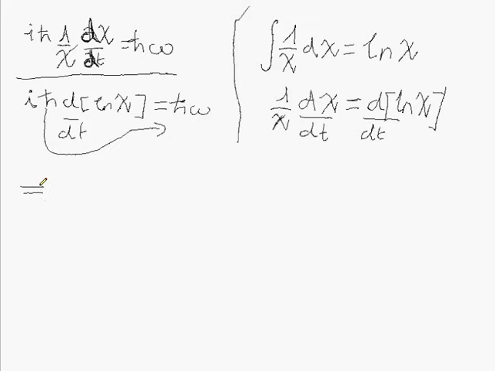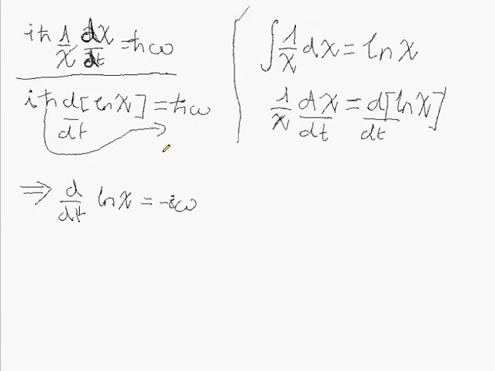What that brings us to is d dt of ln chi, which is going to be equal to minus i omega, because 1 over i is minus i, and h bar over h bar is 1, so we don't write the 1. So we get minus i omega as this thing.